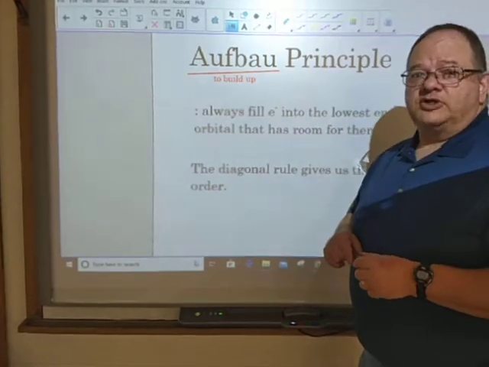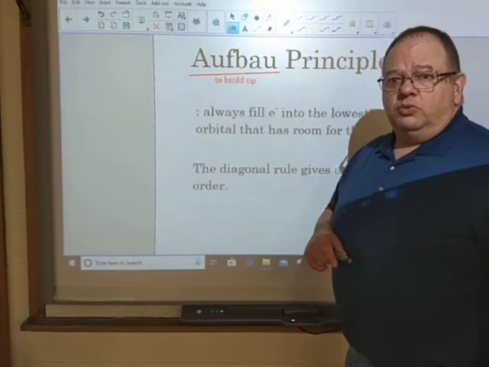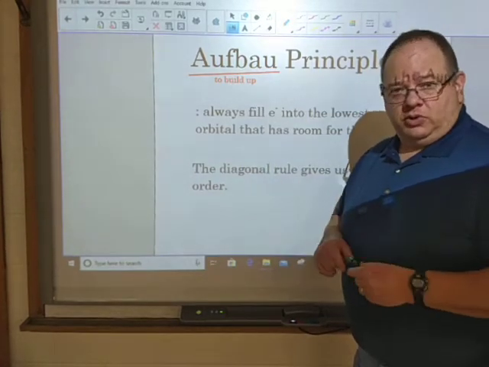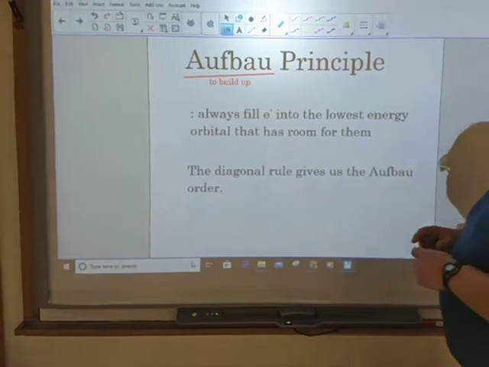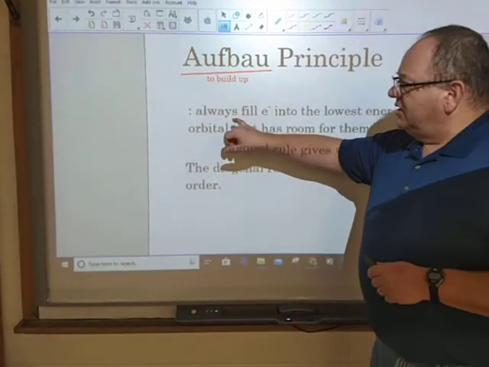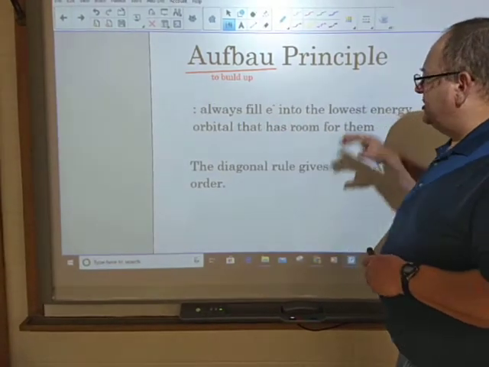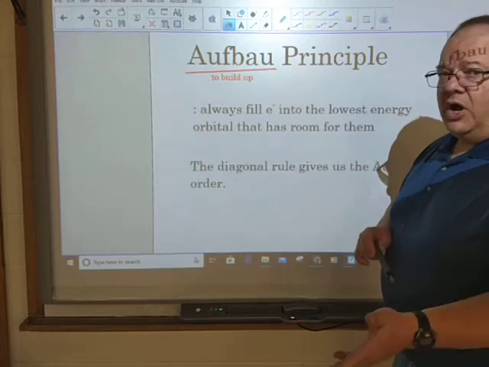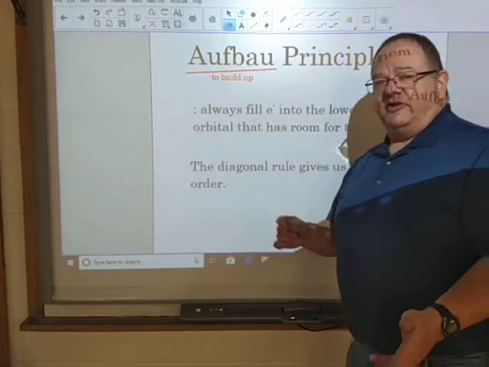You're using the Aufbau principle. So the diagonal rule could also be called the Aufbau principle, the Aufbau rule. What it says is that you always fill electrons into the lowest energy orbital that has room for them. So if there's room in the 1s, you're putting electrons there before you fill it anywhere else.